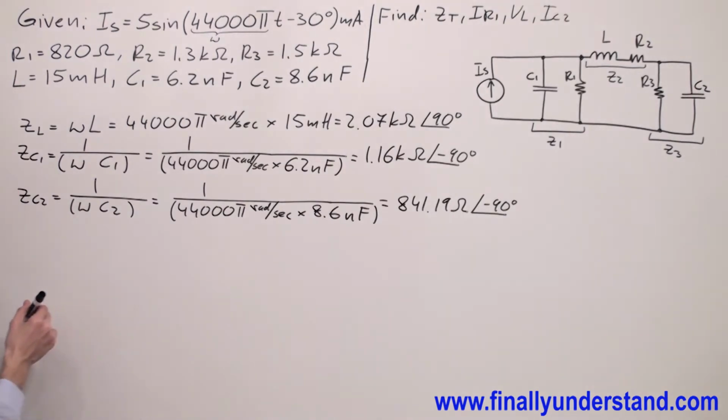Okay, so let's talk about Z1. Because resistor R1 and C1 are connected in parallel, I'm going to use the product over sum because I have two components.